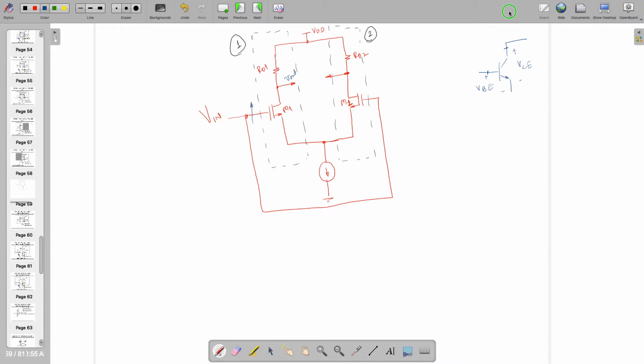Base to emitter is forward biased and base to collector is reverse biased. So VCE has to be more. This potential has to be more than this one to get this reverse bias. So in the case of VB to VC, VC was always high. Similar to that, this VDS is always higher than this potential.